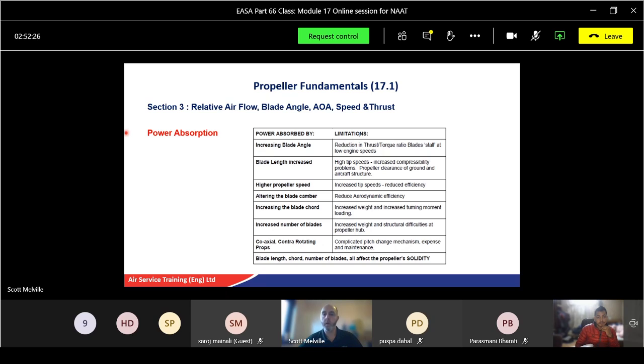Right, okay, back to that one. Just going through power absorption: things we can do to get more power, but unfortunately the downside is there are limitations, like increasing blade angle. That's great, but reduced thrust, torque, etc. Blade length, yeah, more power, but again, the size of the propeller, things like that as well. Okay, so let's move on.